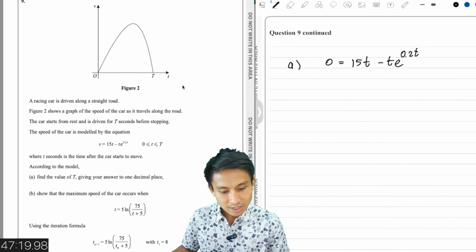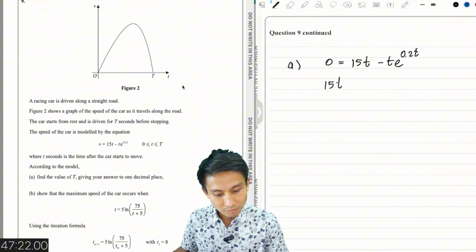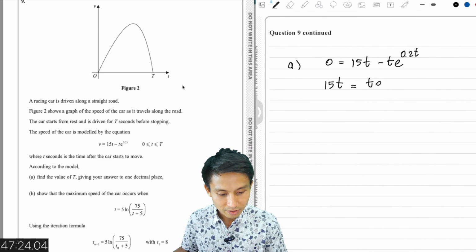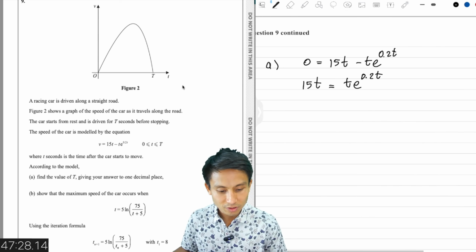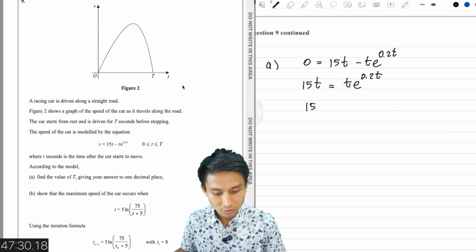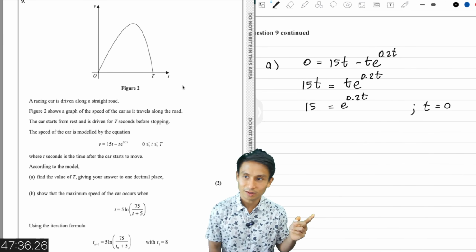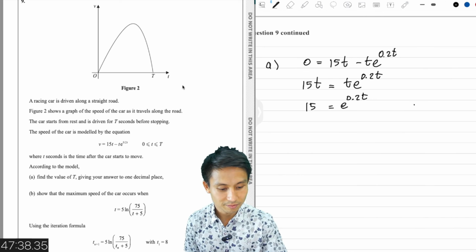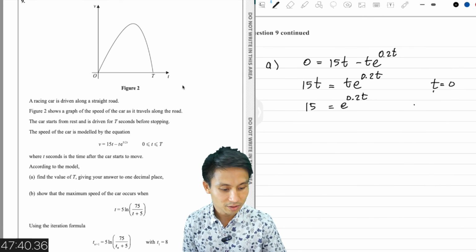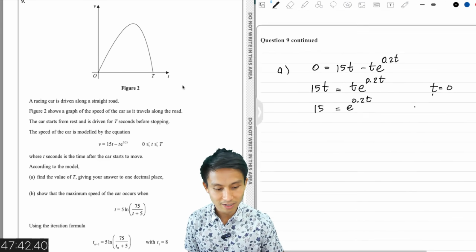So if we move one term to the other side, we're going to have this, right? And of course, t can be equal to 0 now. So if I just cancel t out, I have this. And I know that, okay, t is 0. One of them is 0.